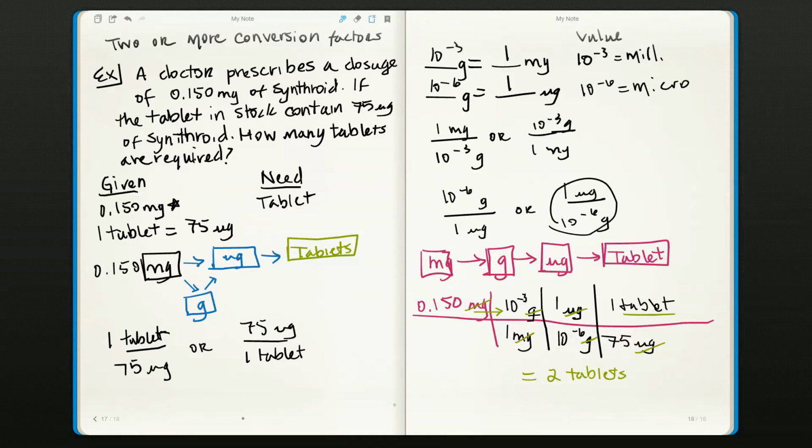Let me rewrite that here. Okay, so those were the sections.